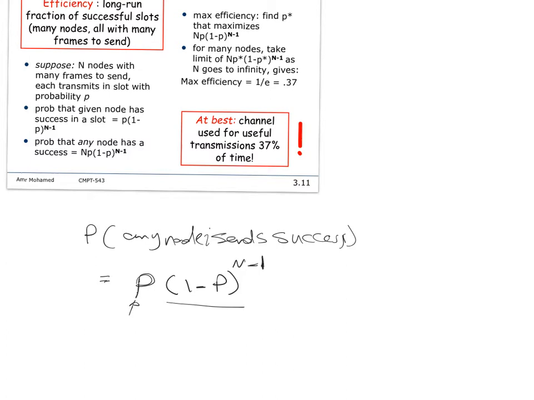When we say OR in probabilities, this means addition. So the probability that any of the n nodes sends successfully is n times p times (1 minus p) to the power n minus 1. We multiply by n here because it's the probability of the first node sending successfully, the second node sending successfully, and the nth node sending successfully.